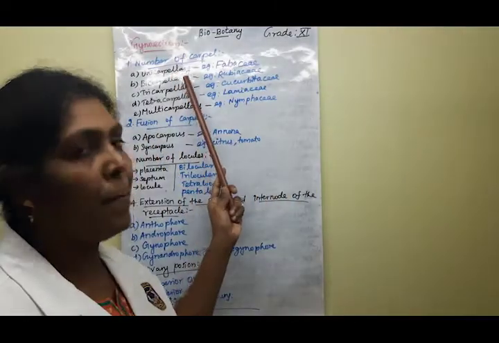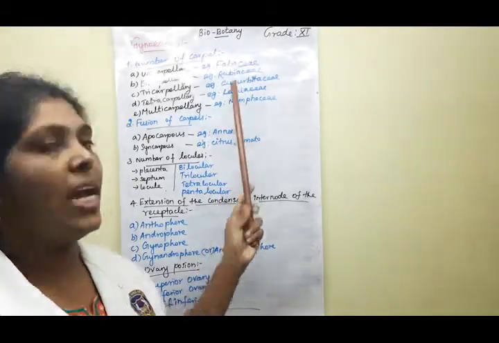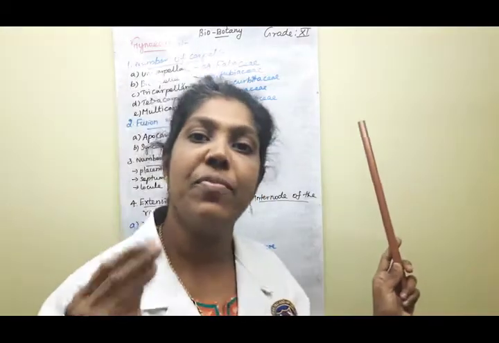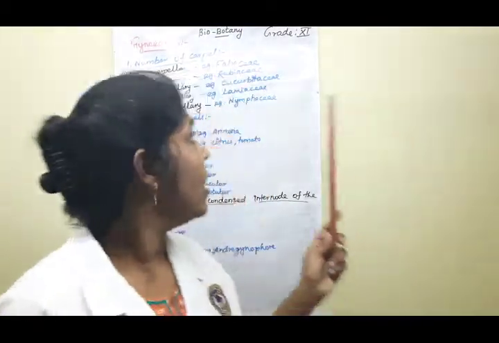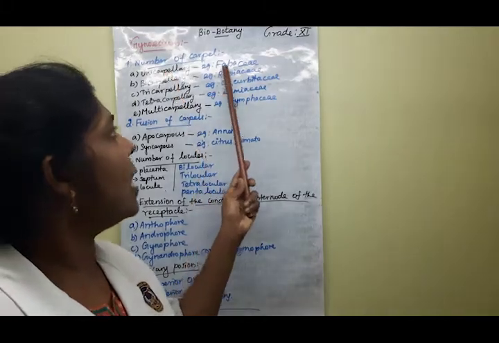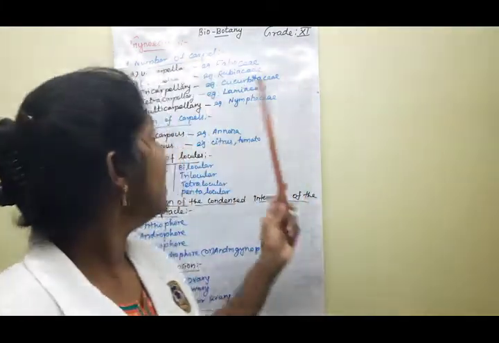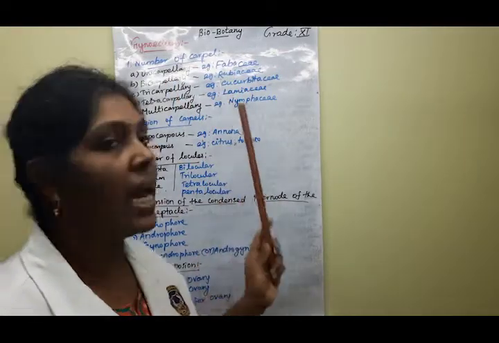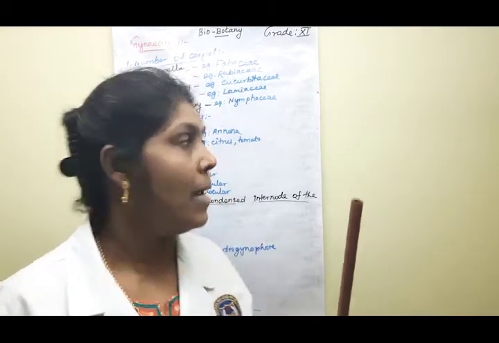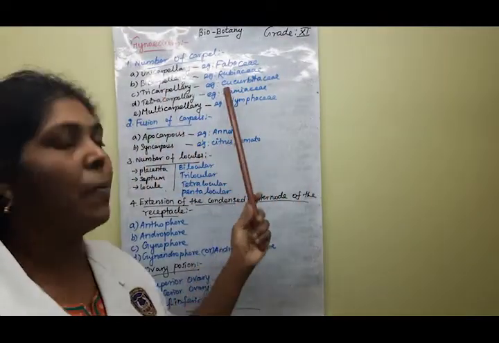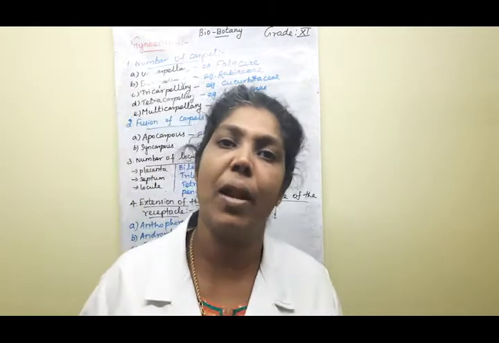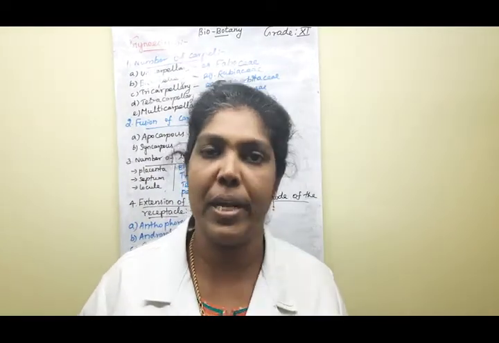Each carpel number is based on a family example. The first one, unicarpellary, is the Fabaceae family. The next, bicarpellary, is the Rubiaceae family. Tricarpellary: one of the best examples is the Cucurbitaceae.